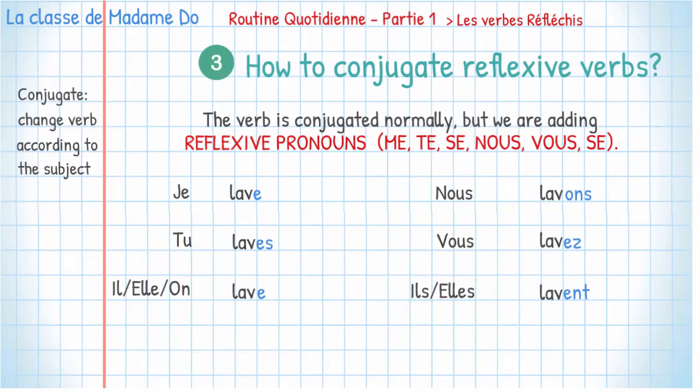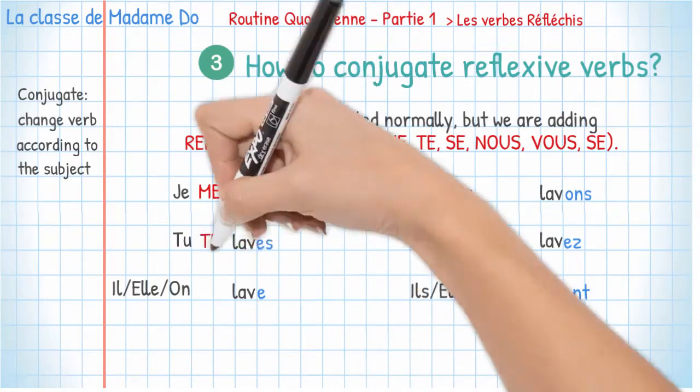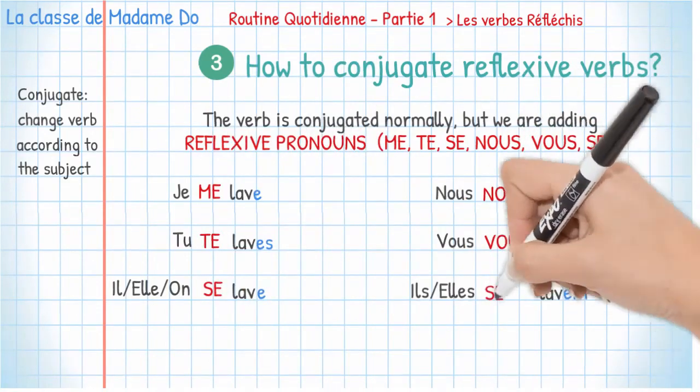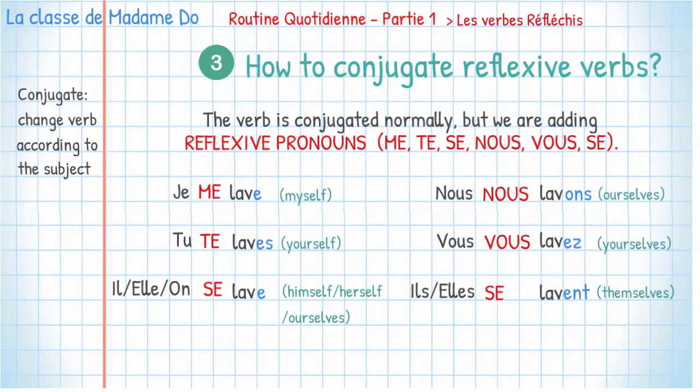Now, for reflexive verbs, remember we have to add the reflexive pronouns as well. So you're going to add me, te, se, nous, vous, se, according to the corresponding subject. So to say they wash themselves, you will say ils, elles se lavent.